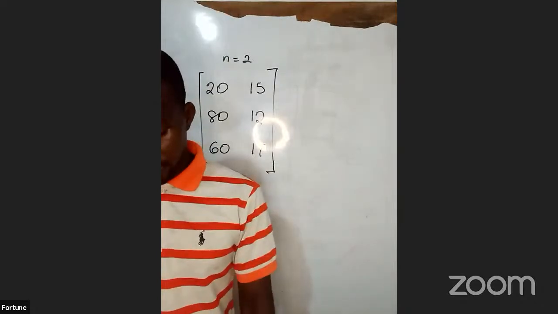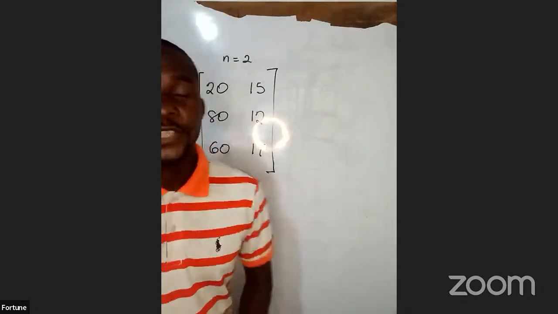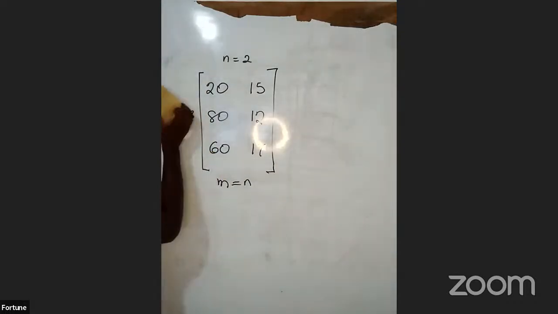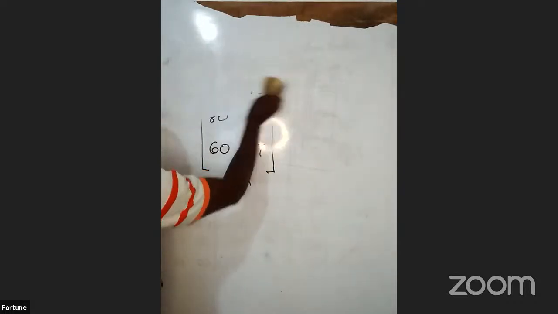So we just check A, B, C, D. There is 1, 2, 3, 4, 5.